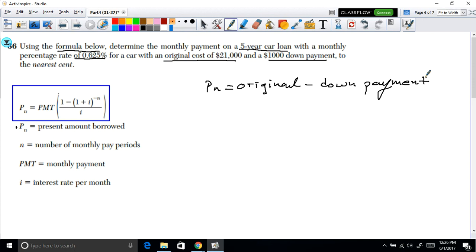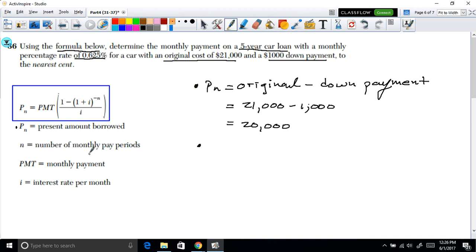You borrow a certain amount of money, you put down a down payment, which pretty much means you pay a little bit of it back. So that gives you the present amount borrowed. We know that the original cost is 21,000, and we know that the down payment is 1,000. So that says that P of n has a value of 20,000. Okay, so at least we know what P of n is.